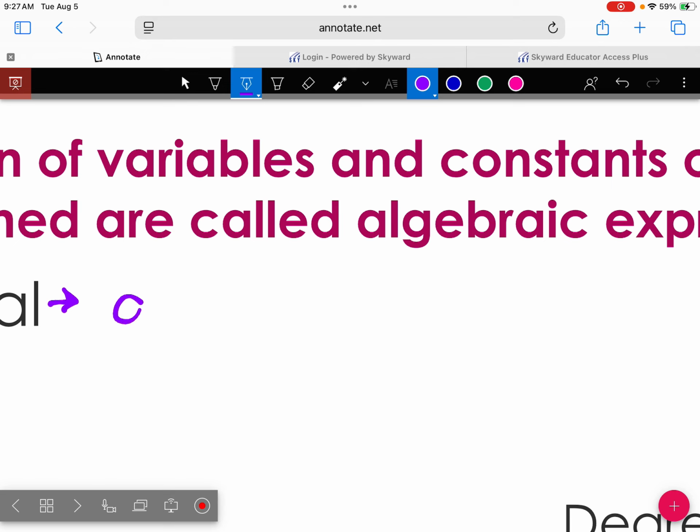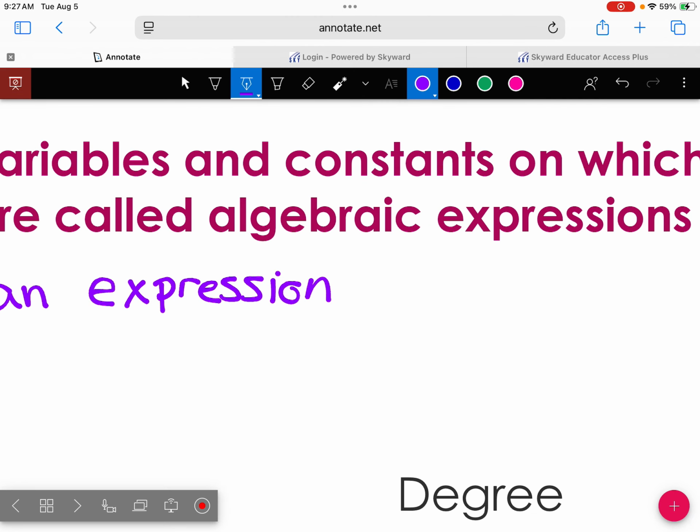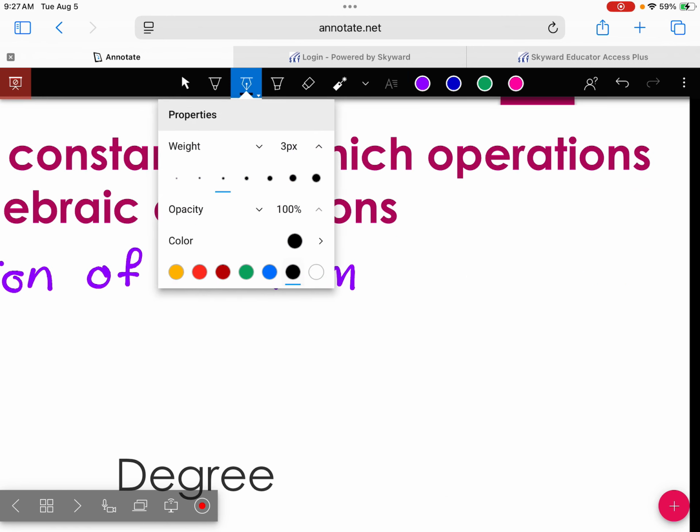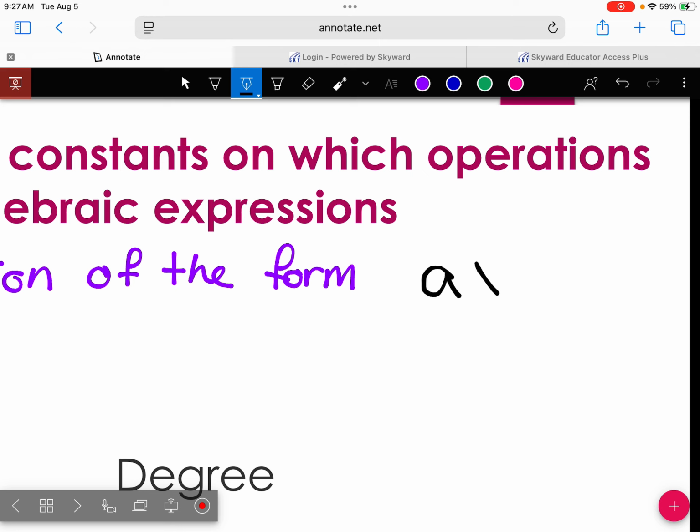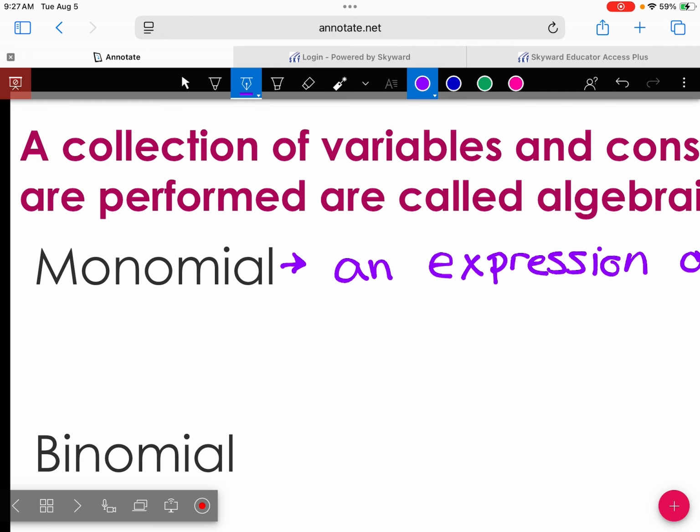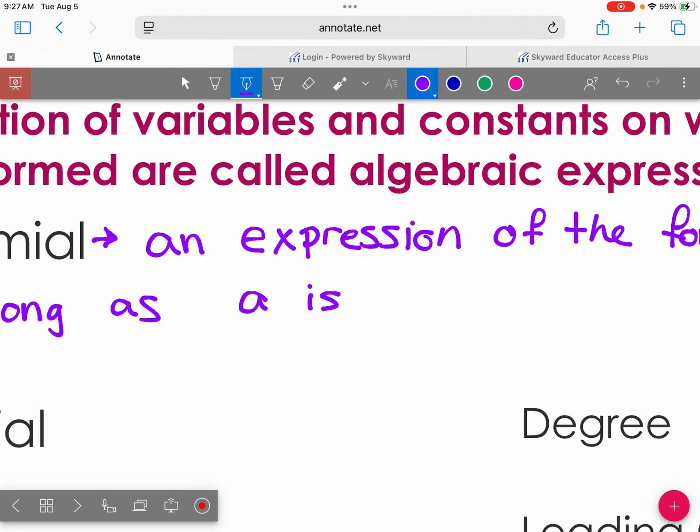is an expression of the form ax to the n. So it'll look like that as long as a is real, so no imaginary numbers.